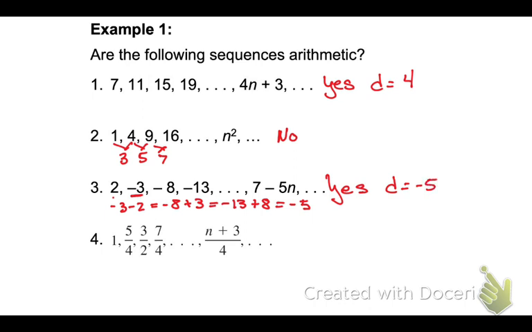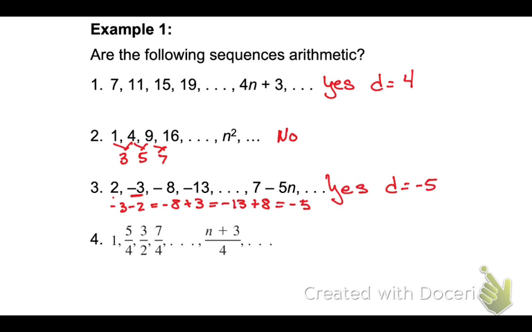Okay, what about this one? Well, the 1 is throwing me off. Before I compare fractions, I should always do what? Why, Alex? Because 6 fourths is 3 over 2. So the first thing I should do is get common denominators, and that's what he did.